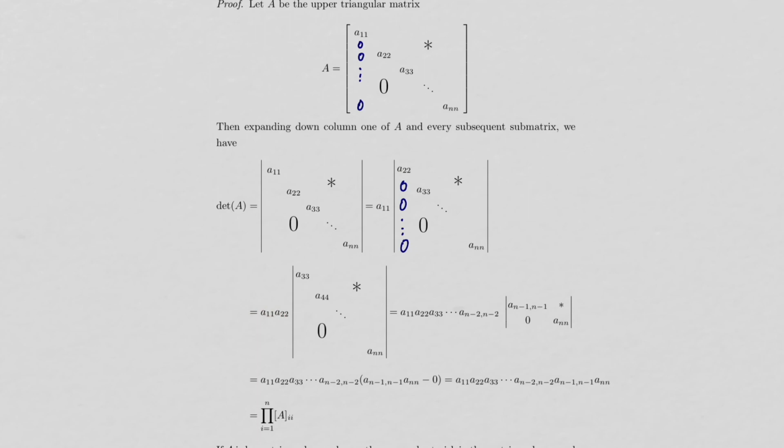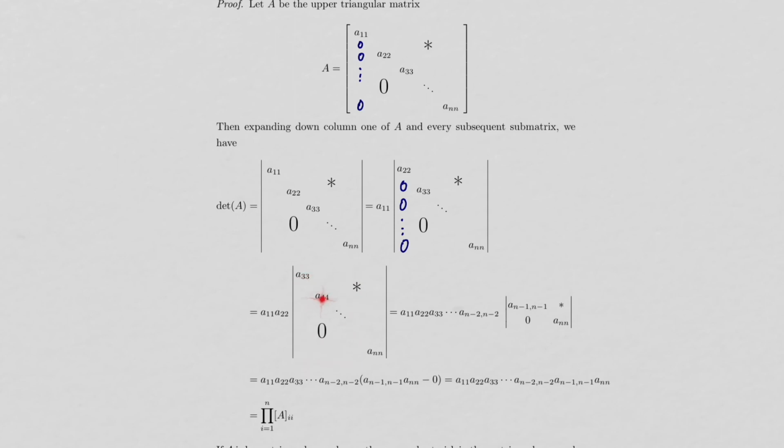And since the overlay of signs always starts with a positive on the top left here, I'm going to have positive A11, positive A22, or more strictly speaking, a positive 1 times A11 and a positive 1 times A22. So if either of these numbers are negative, then they'll be negative here. And I can just keep doing this. All zeros under A33, so I'll get A33 times the matrix that's left when I take out row 1 and column 1 of this matrix.